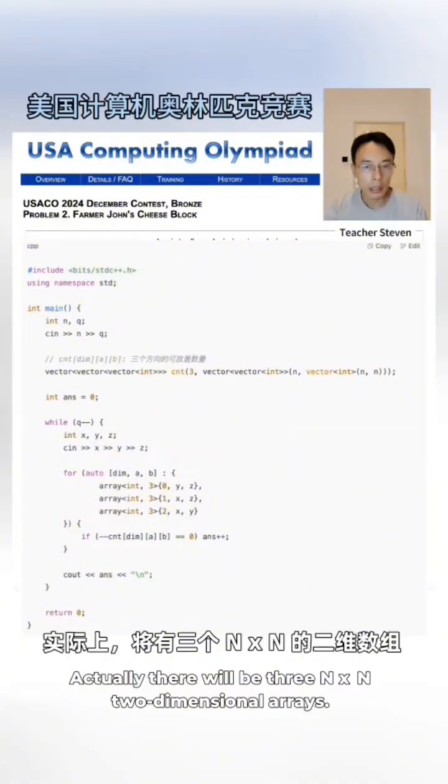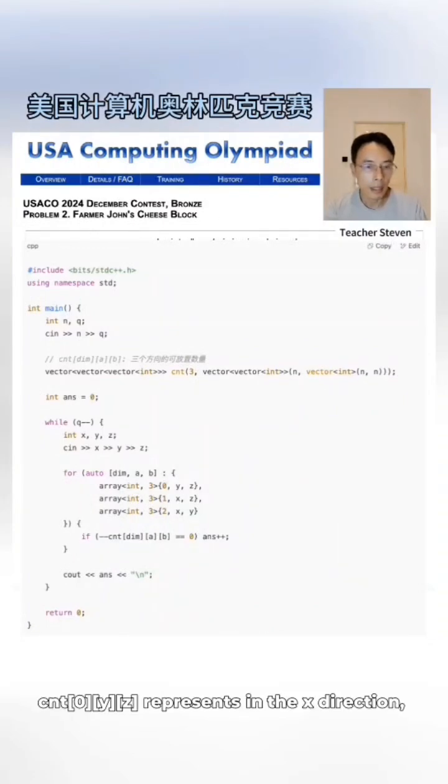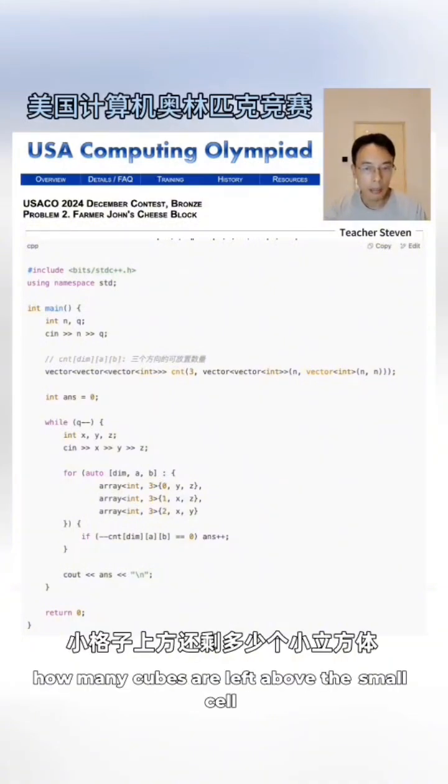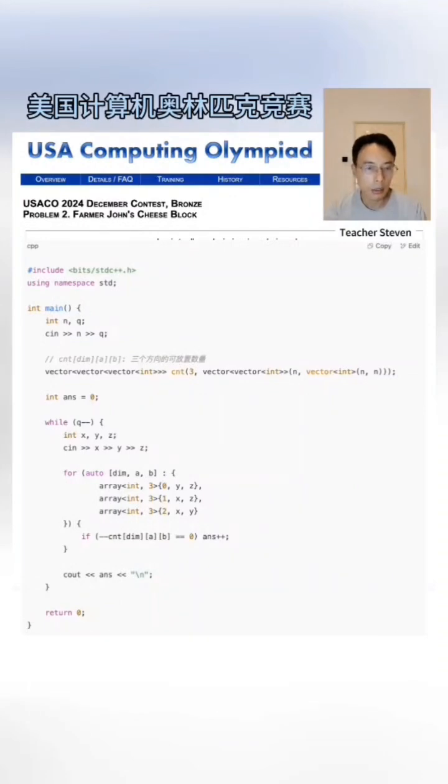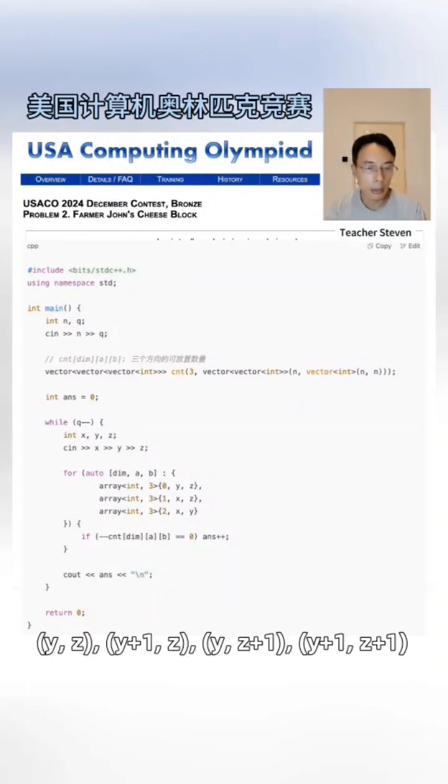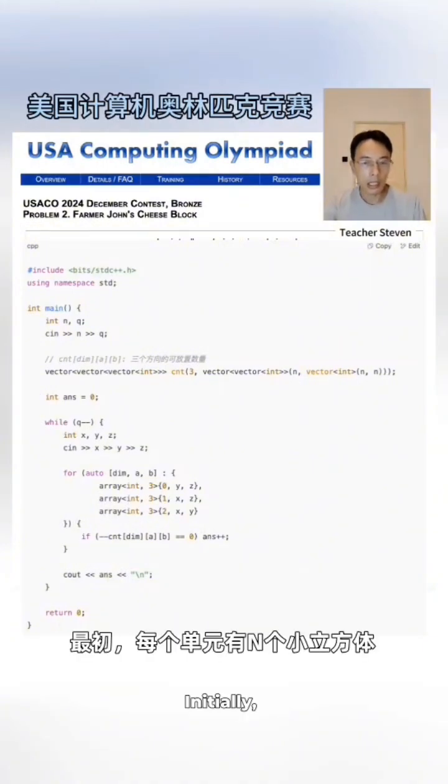Actually, there will be 3 n by n two-dimensional arrays. cnt[0][y][z] represents, in the x direction, how many cubes are left above the small cells y, z; y plus 1, z; y, z plus 1; y plus 1, z plus 1. Initially, each cell has n cubes.